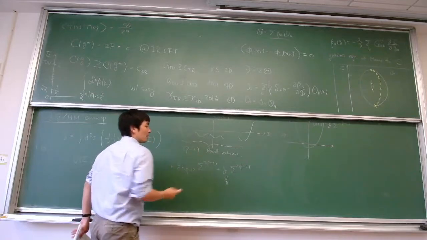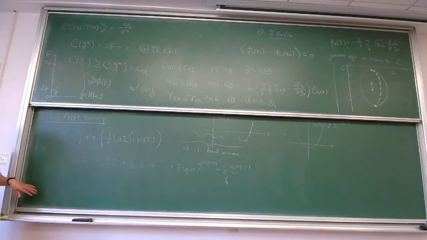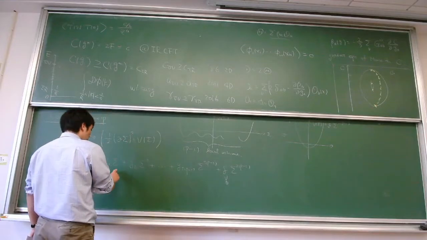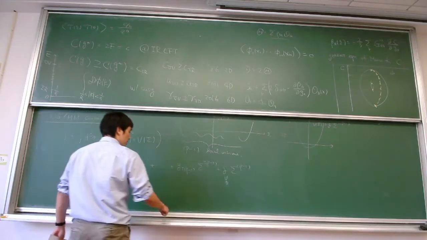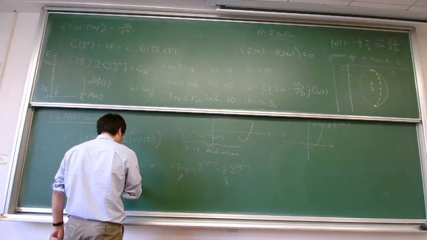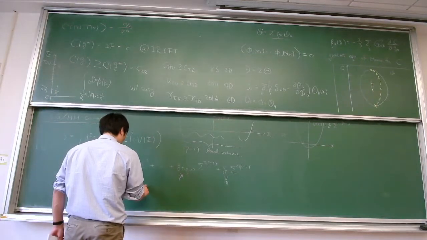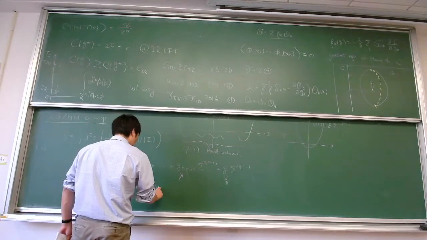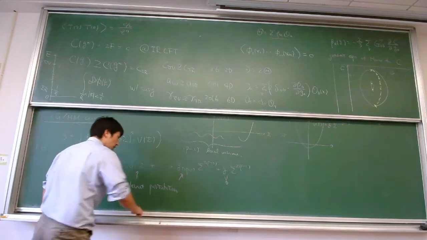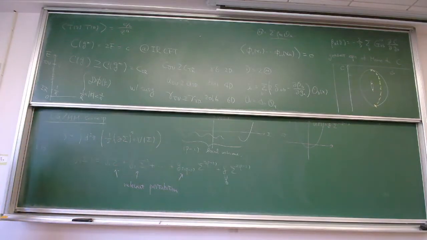P minus 1 local minima. Therefore, these are called relevant fields. So this is a relevant perturbation. These terms are relevant perturbation. Okay, relevant perturbation theory.